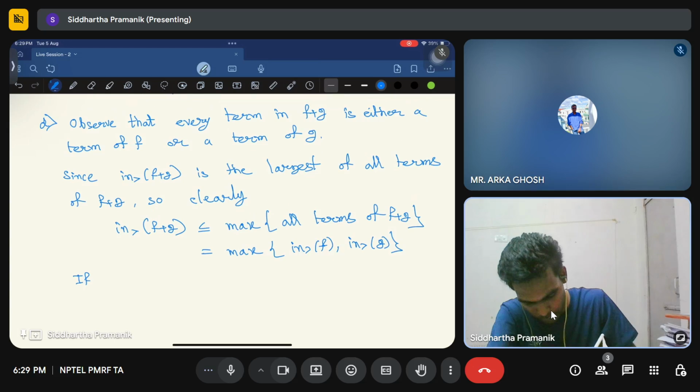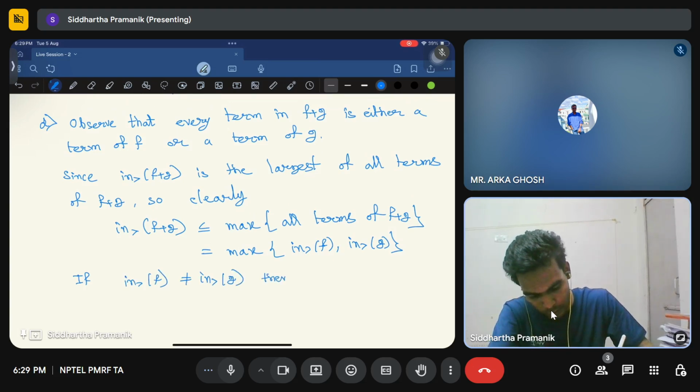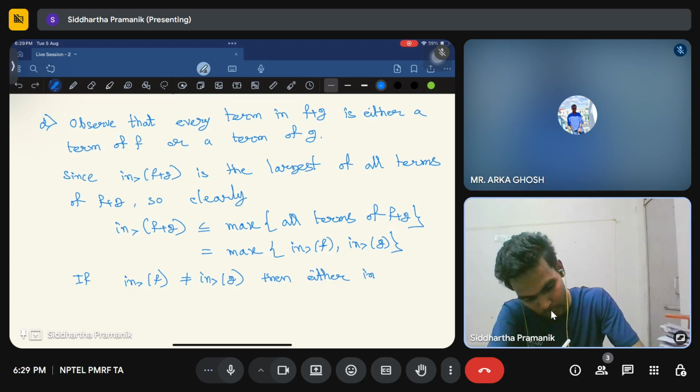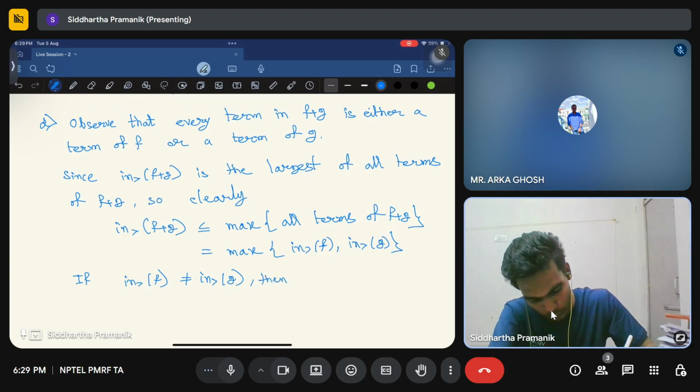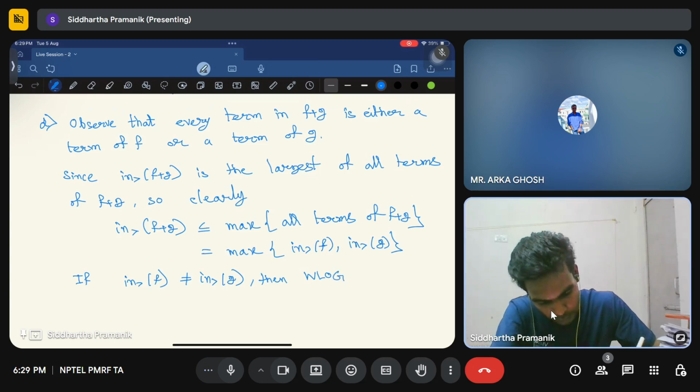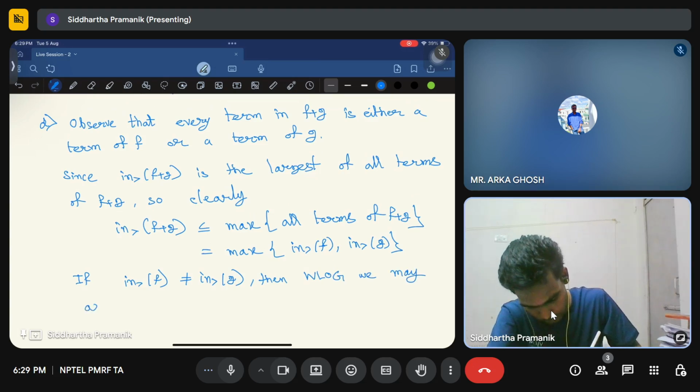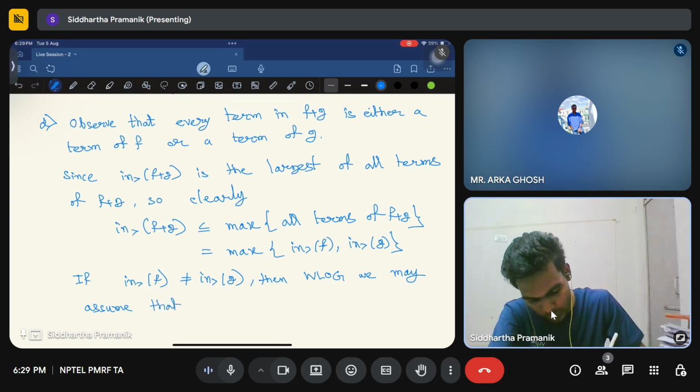So if initial of f is not equal to initial of g, then either initial of f is bigger or initial of g is bigger. So without loss of generality we may assume that one of these two terms has to be bigger.